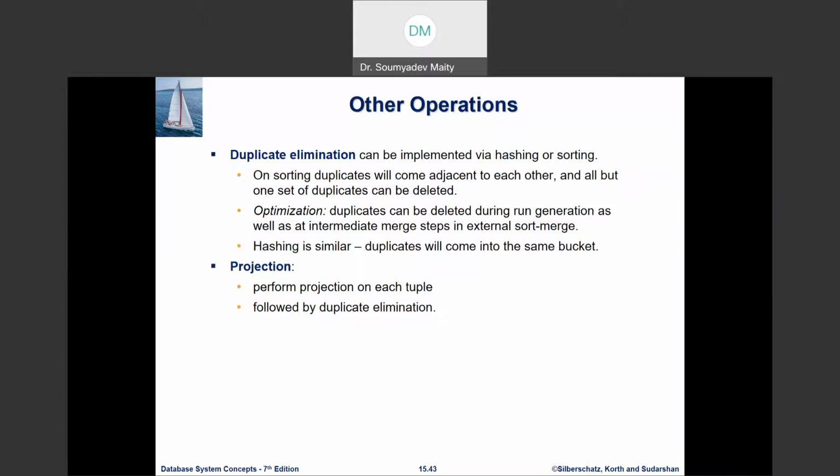You need to eliminate the duplicate tuples. So how can you do that thing? The simplest way is that you do a sorting. The algorithms to do sorting we have already learned. Now when you do sorting, then the duplicate tuples come consecutively. So they become adjacent. So it is very easy to detect them and remove all except one entry.